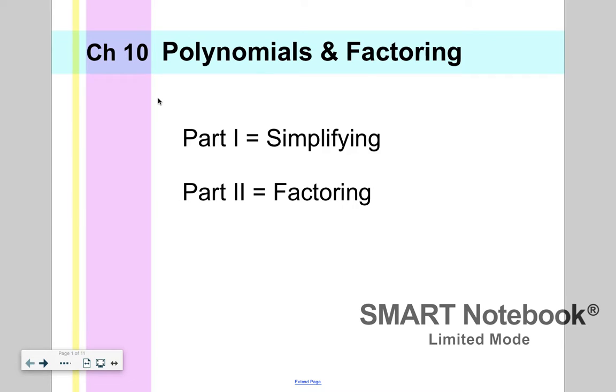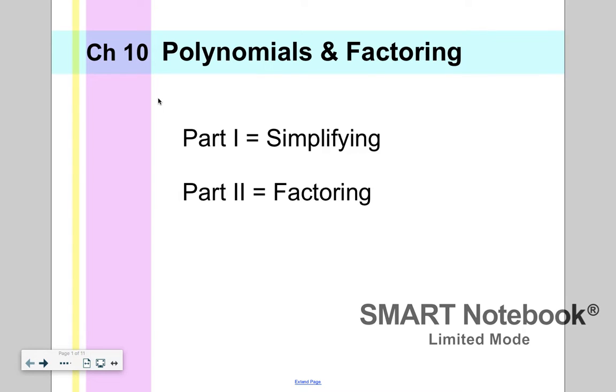So chapter 10, the title of chapter 10 is Polynomials and Factoring. And I'm basically splitting this unit into two. The first part is going to be definitely the shorter one, and that is just we have to talk about what are polynomials, right? What are they made up of? How they actually have a special way of being named, which we're going to talk about today.